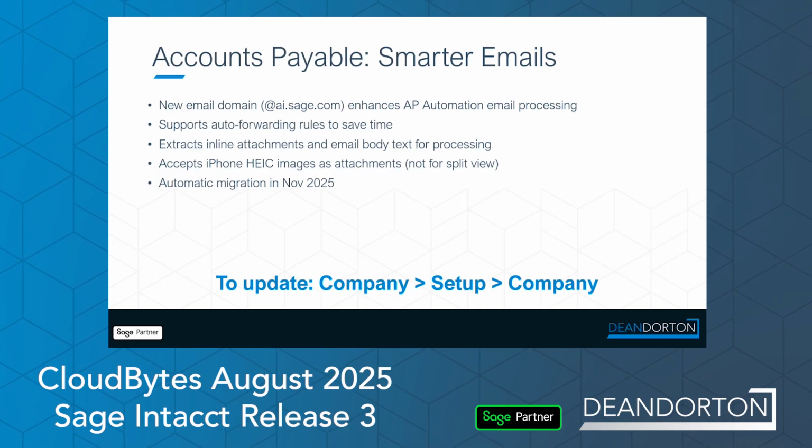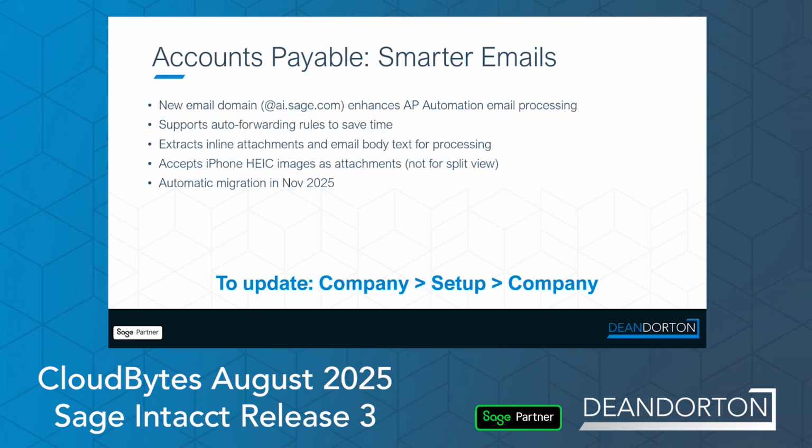All right. Accounts payable, smarter emails. So new email domain at ai.sage.com enhances AP automation email processing. I'm not sure how AI dot does that in front of it, but we're going to go with it. There's AI in everything now. It's even in the emails. Supports auto forwarding rules, extracts inline attachments and email body text for processing.